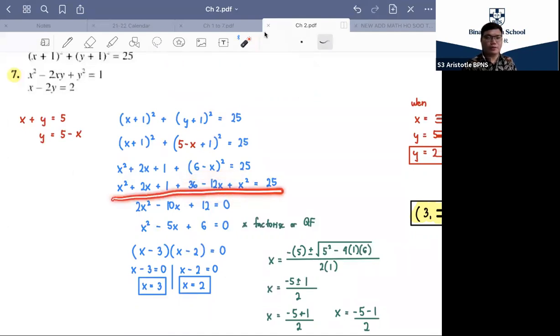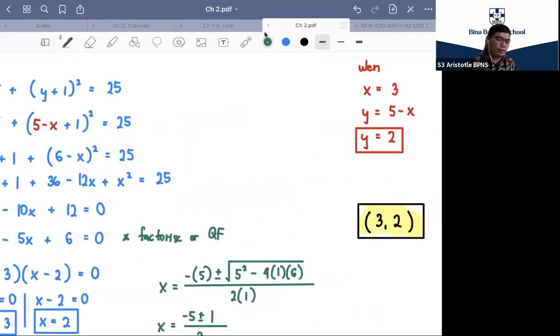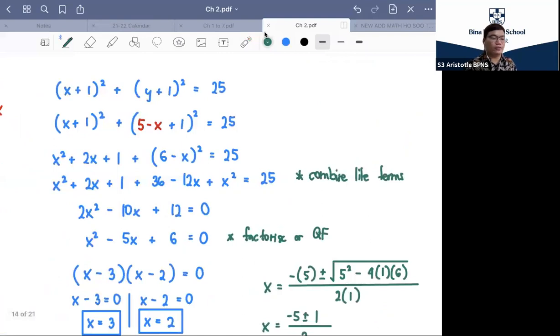So what is next after that? We combine like terms, okay? So let me just put it here. Combine like terms. Of course, you need to change this in standard form, right? So x squared plus x squared is 2x squared, right?